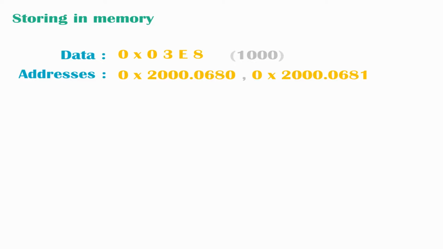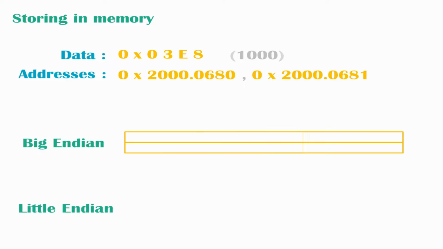As we can tell already, 0x03E8 is a 16-bit number, which means we would require 2 bytes. If we wanted to place a 32-bit number in memory, we would require 4 bytes, because 32 divided by 8 gives us 4, and this is because 8 bits make 1 byte.